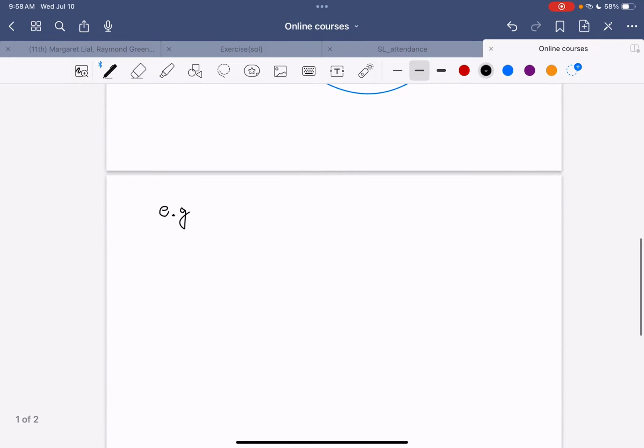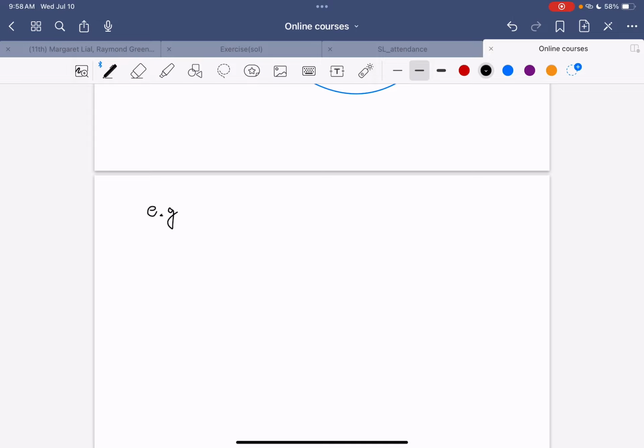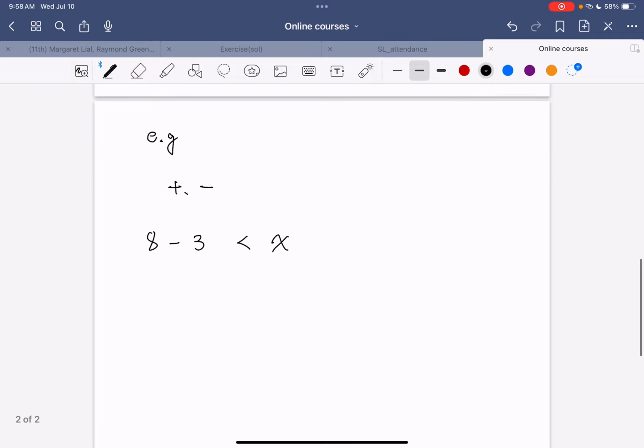First, we're just going to talk about addition and subtraction. Let's say 3x minus 8 is less than y.